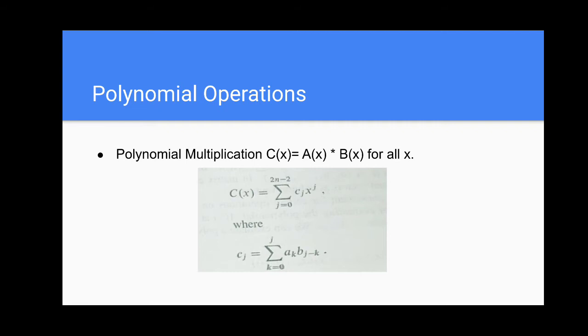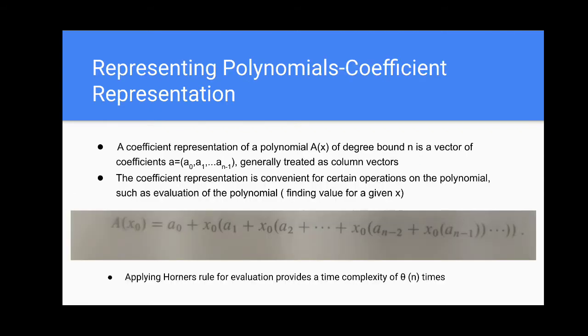Say, for example, if you want C of x as the multiplication of two polynomials A of x and B of x, then C of x will be the summation of j varying up to 2n minus 2 of c_j x to the power of j, where c_j is obtained as the summation of k varying from 0 to j of a_k b_(j minus k). Now, other operations like division and subtraction can definitely be brought into these two major operations, that is addition and multiplication.